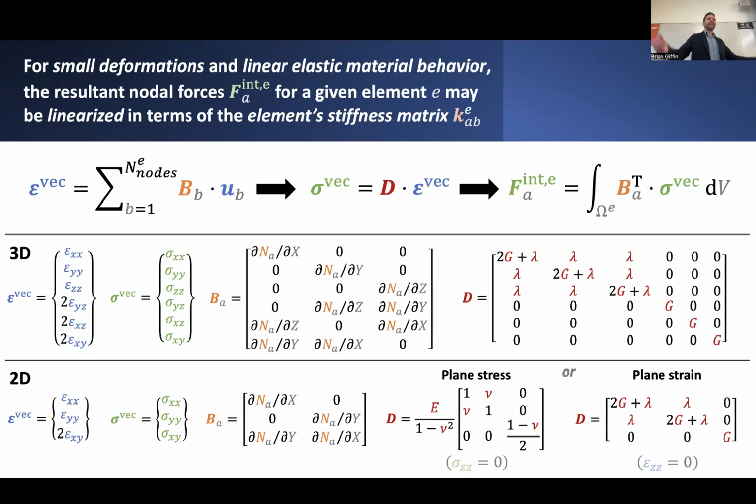And in the last lecture, we also provided some simplified expressions in the case where we assumed a few things. First of all, we assumed that the deformation of the element is relatively small. So the resulting strain tensor is synonymous with the so-called small strain measure, which is to say that the body doesn't undergo significant deformations, and it's sufficient to assume a linear relationship between those nodal displacements and the resulting strain at each one of the integration points.